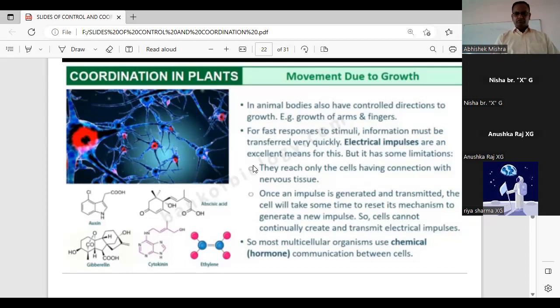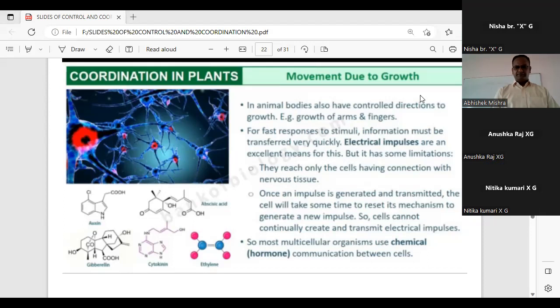Okay, Nisha again. Okay, Nisha, unmute yourself. Thigmotropism is a directional movement, whereas thigmonastism is a non-directional movement. Thigmotropism is dependent on growth, whereas thigmonastism is not dependent on growth. Okay. Correct, Nisha. Very good.